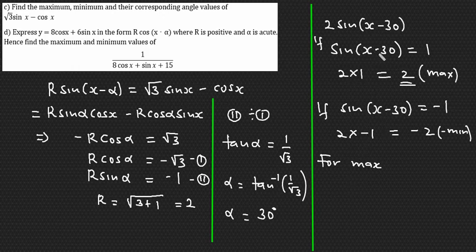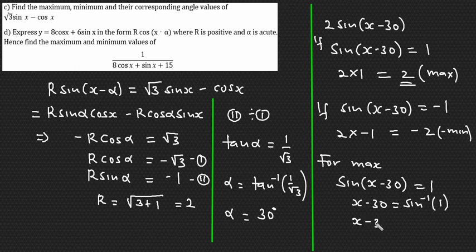We took this to be equal to 1. It implies that we have sine of x minus 30 equal to 1, so x minus 30 will be equal to the sine inverse of 1, which is 90.